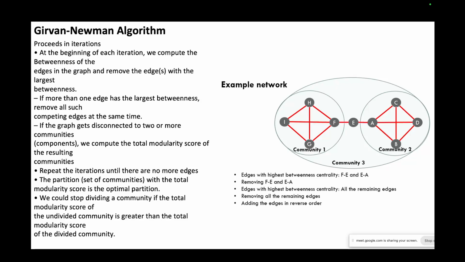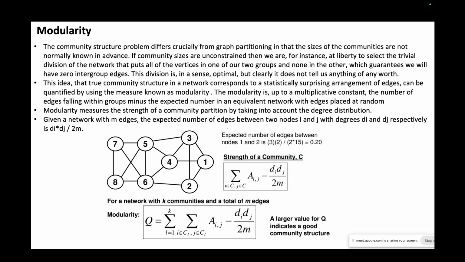Now you can consider these two communities and calculate the modularity score of these communities, and then again remove the node with the highest betweenness centrality, and you again calculate the modularity on an iterative basis until you have exhausted all the edges inside the network, or your total modularity score is better for the previous iteration compared to the next iteration.